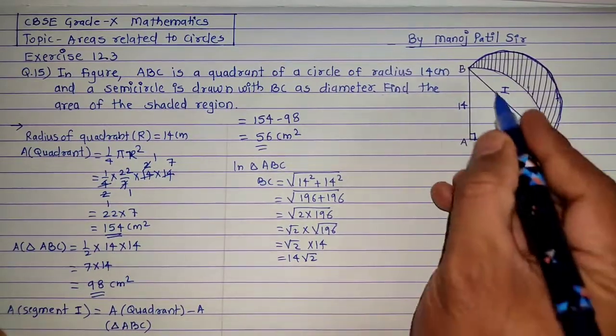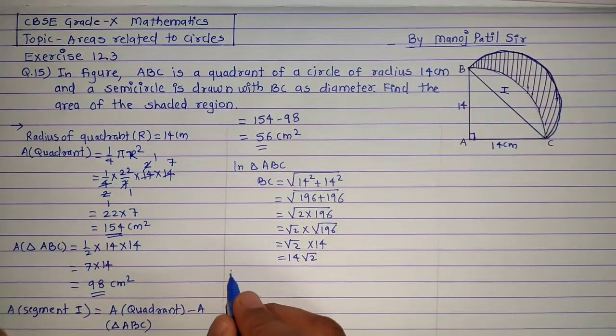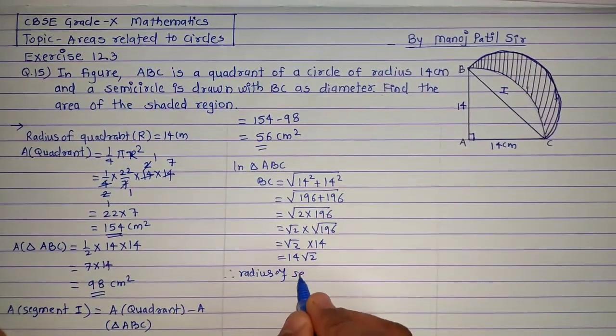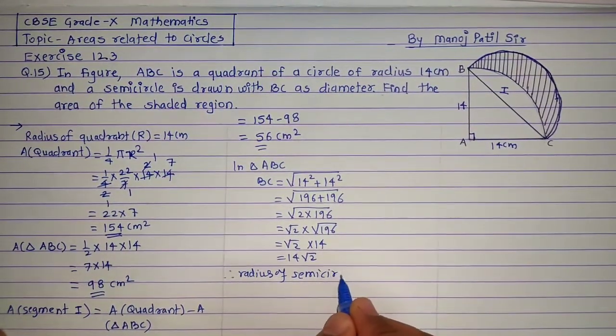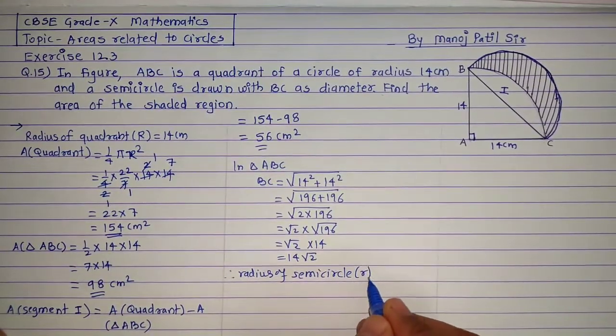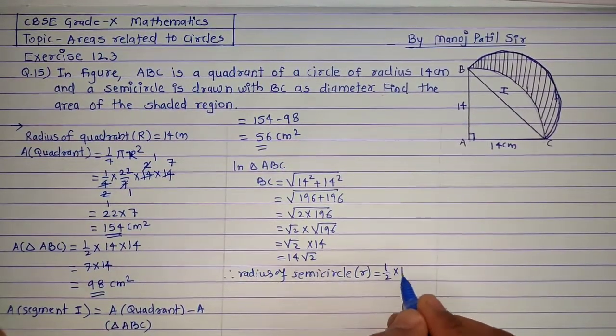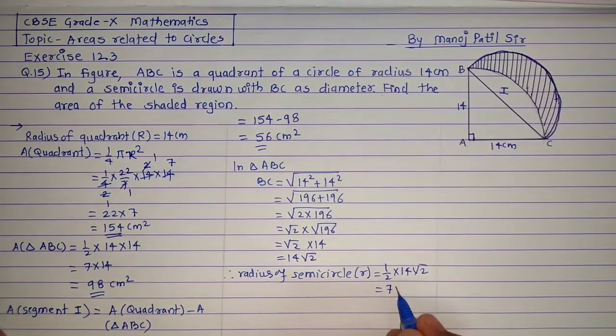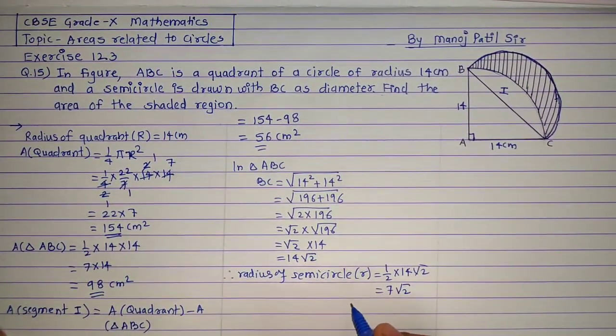That is BC. Now the radius of semicircle, we'll denote small r, is equal to 1 upon 2 into 14 root 2, that will be 7 root 2.